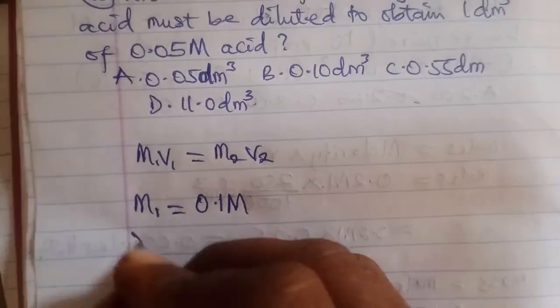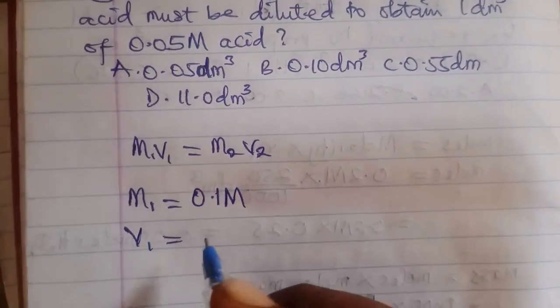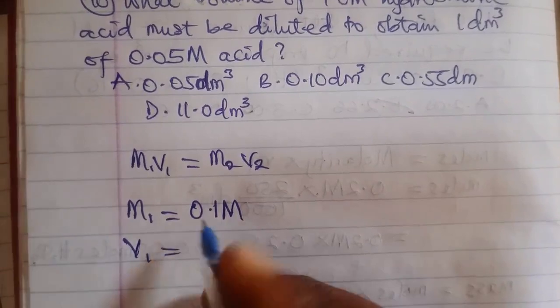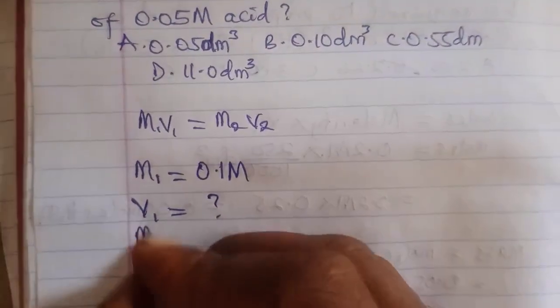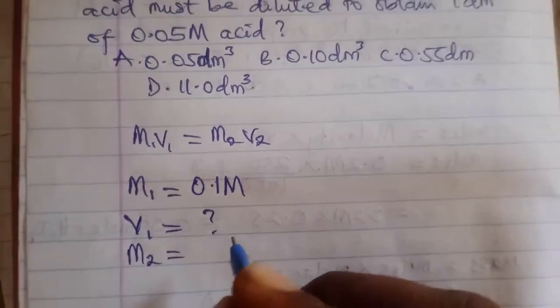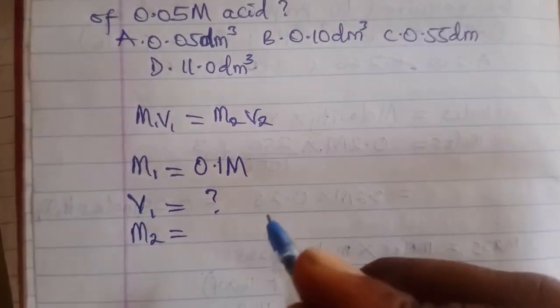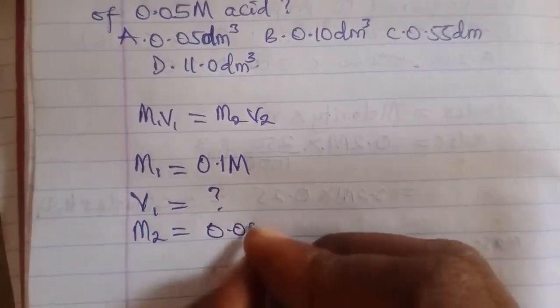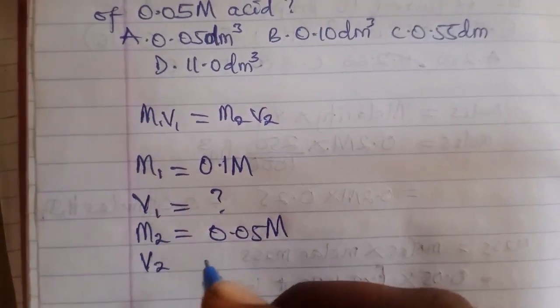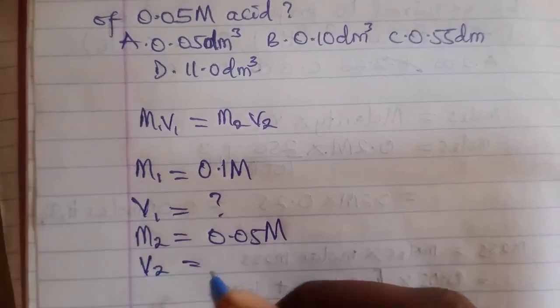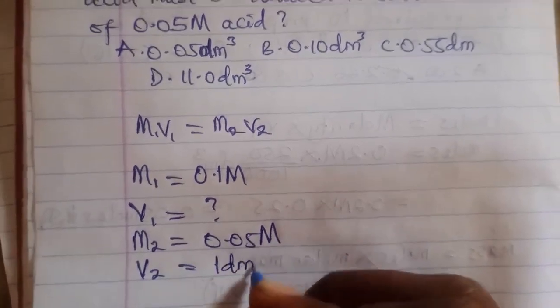And the V1 is the volume of concentrated solution, which is what we are looking for. The M2 is the molarity of diluted solution, which is 0.05 molar, and the V2 is the volume of diluted solution, which they give to us as 1 dm cube.